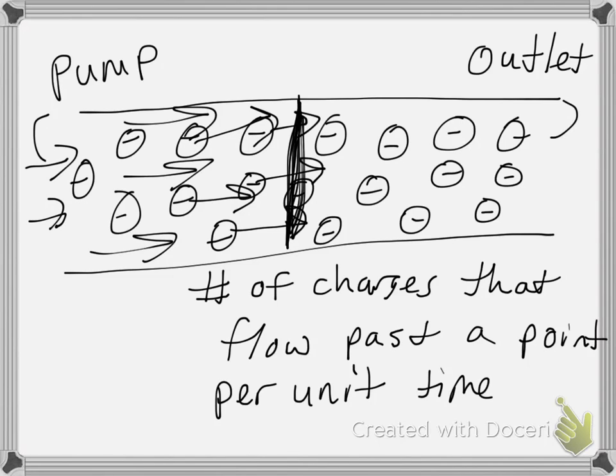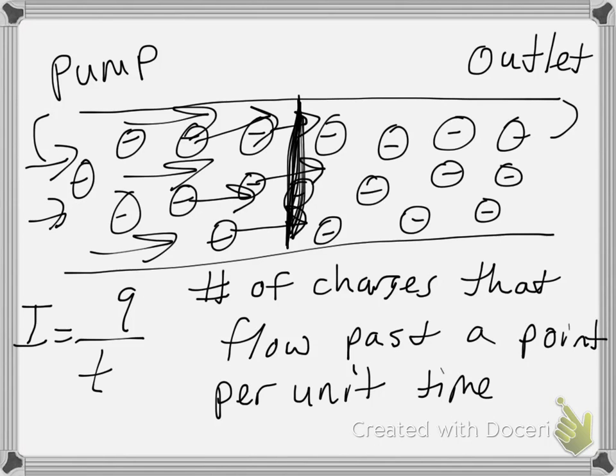So maybe in 1 second there are a few 100,000 electrons that cross that line, then the current I would be the total charge that crossed that point over my time interval. Or sometimes we just write it as I equals Q over T. All right, so the total number of charge that crosses some point in time is how we describe the current.